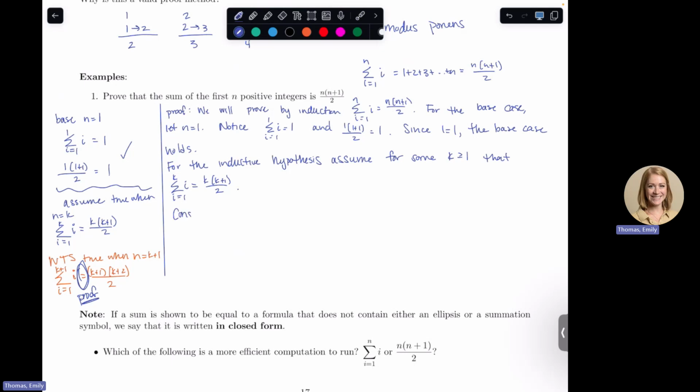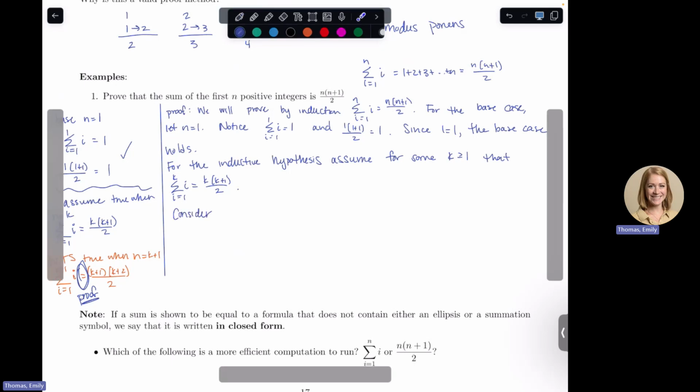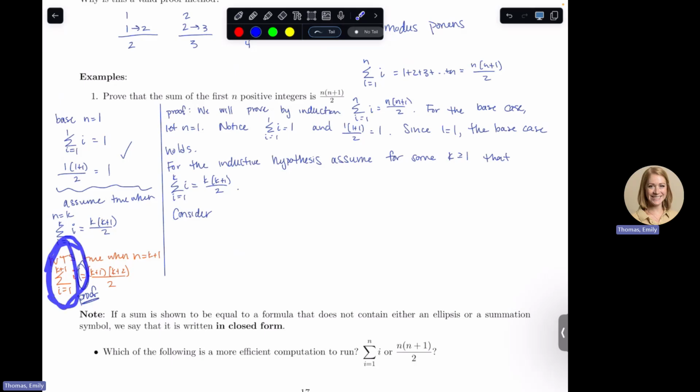Now we are going to consider the left-hand side of our want-to-show thing. So we're going to consider the sum from i equals 1 to k plus 1 of i.